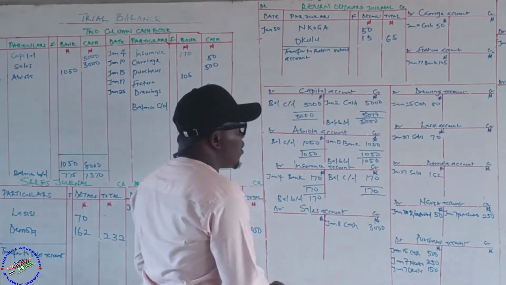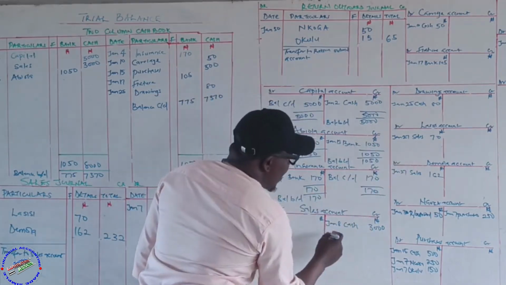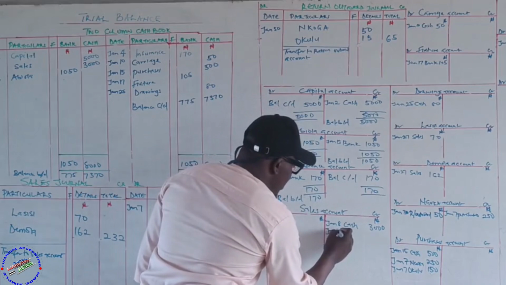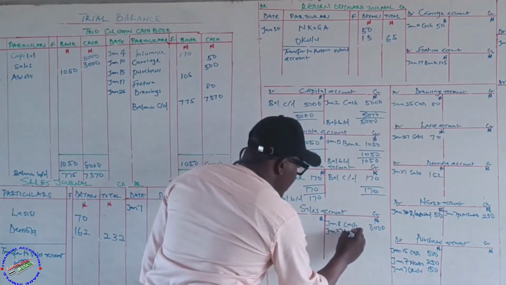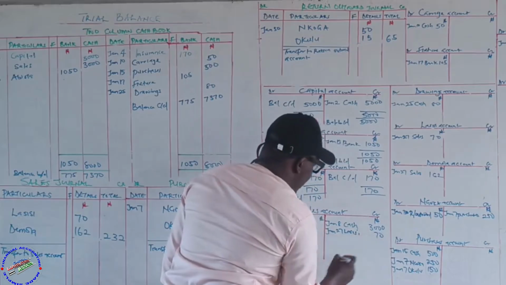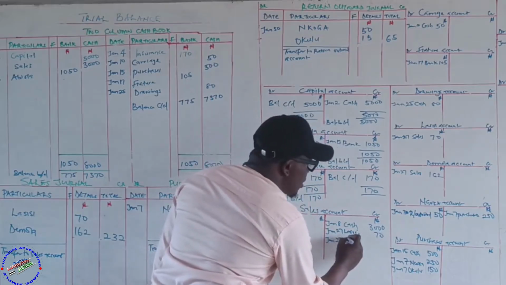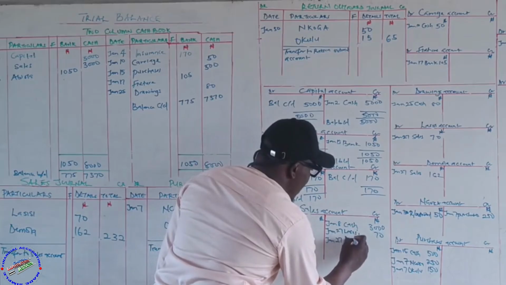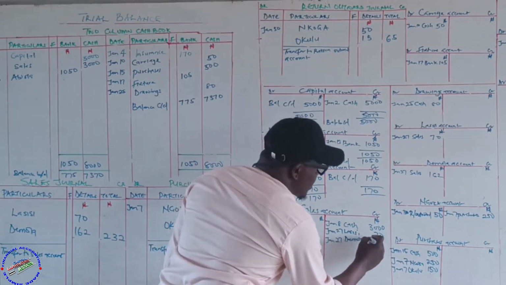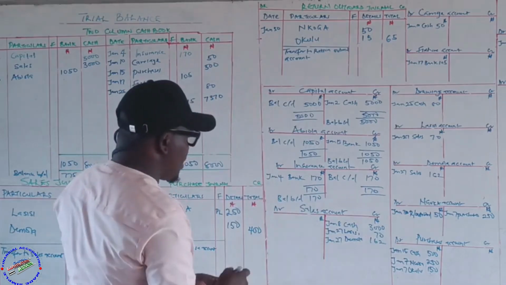For Lasisi, it is on the debit side. So we have January 27, Lasisi, that is 70 naira. And January 27, Demola, that is 162 naira. So we have completed this already.